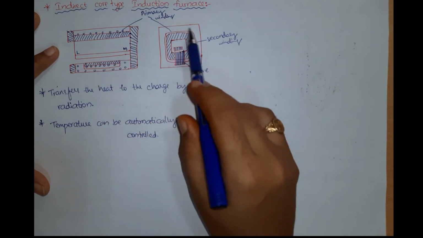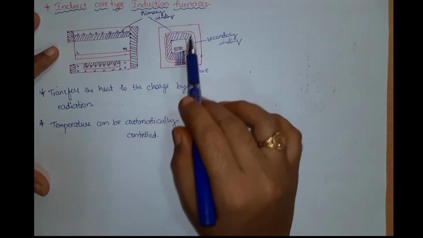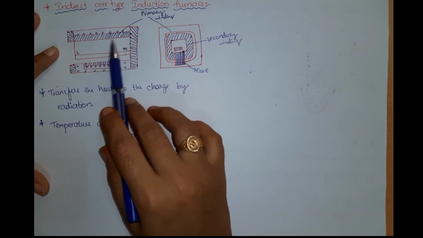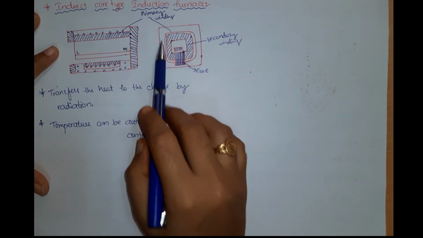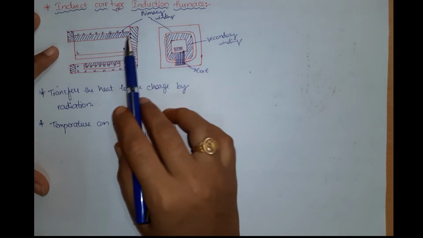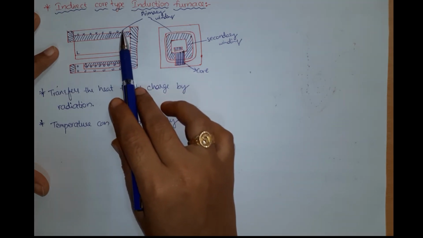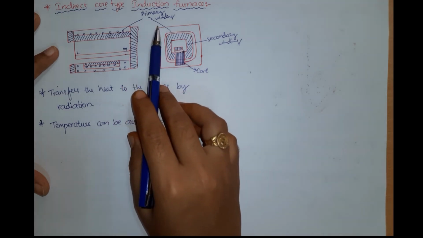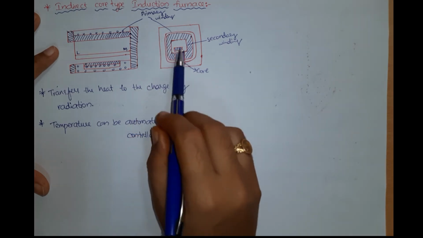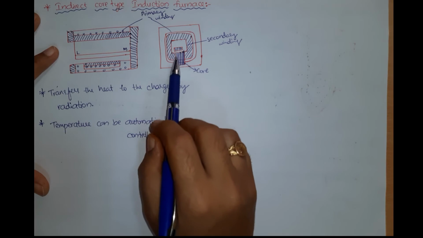The secondary consists of a metal container. This is a metal container which forms the walls of the furnace, made up of some kind of metal. The primary winding is magnetically coupled to the secondary with the help of this iron core, which is shown here, right?